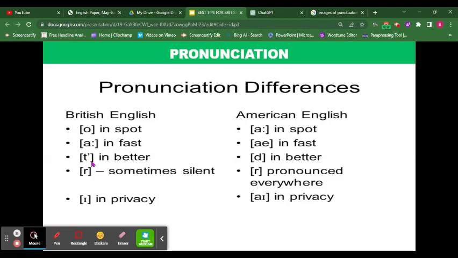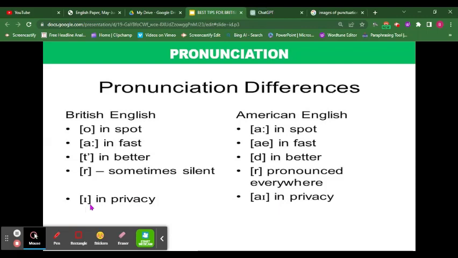The sound of T in better is pronounced D or something like that in American English. So instead of better, you have better, or something like that. Now, another area of difference is in the pronunciation of R. R is sometimes silent in British English, but it is pronounced everywhere in American English.